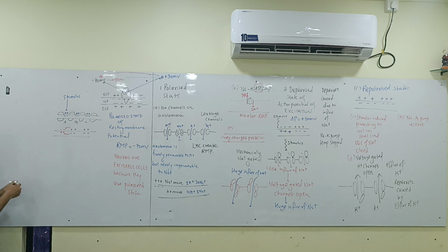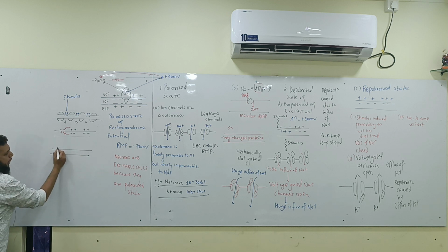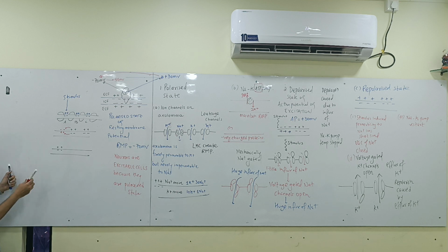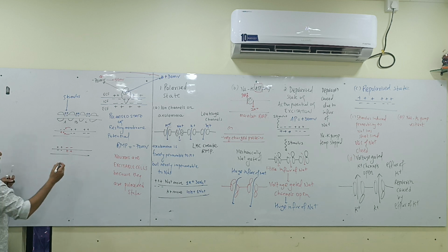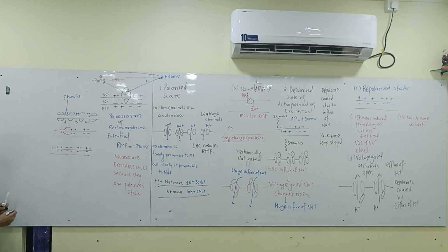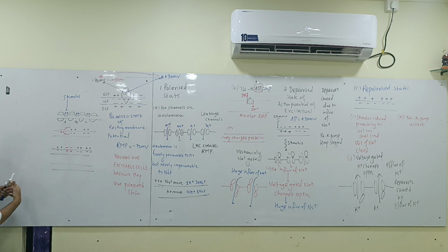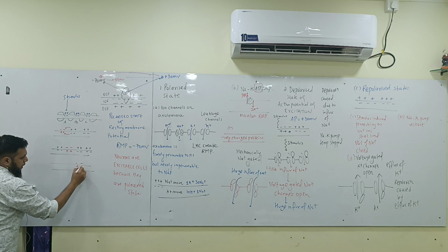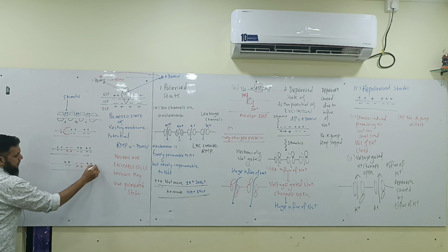Exchange of charges will take place, and now the node A will go back to repolarized, but the node B will become depolarized, and the node C will be as it is, polarized. What will happen in the next millisecond? The C will become depolarized, and B will become repolarized, and D will be as it is.